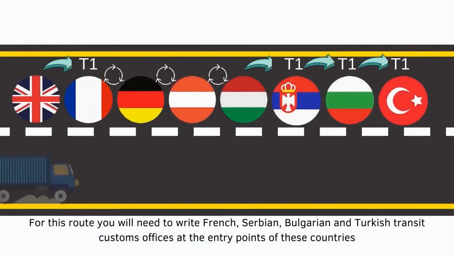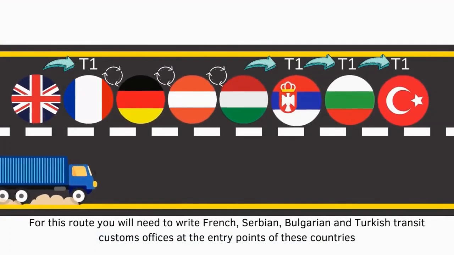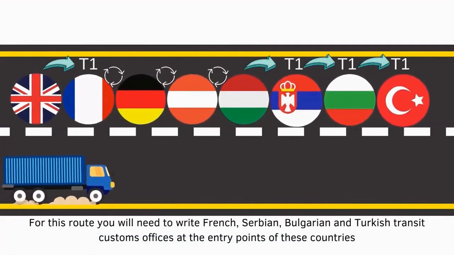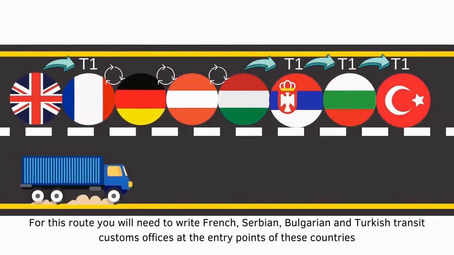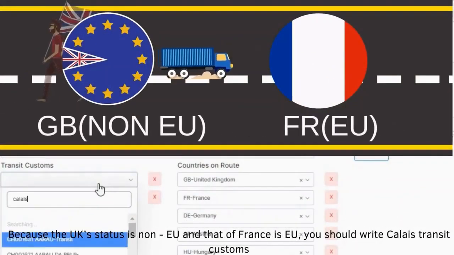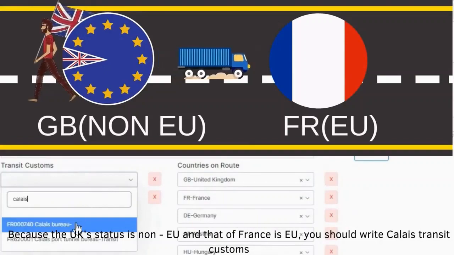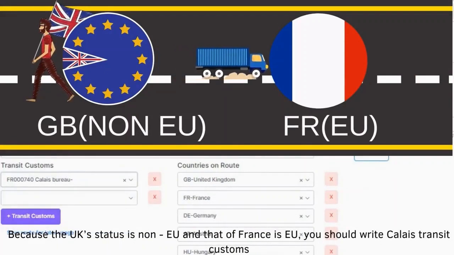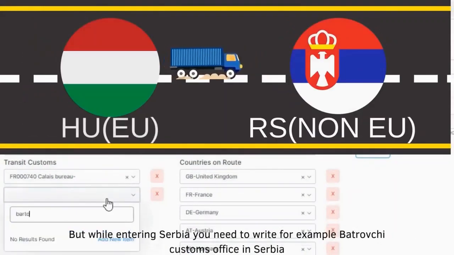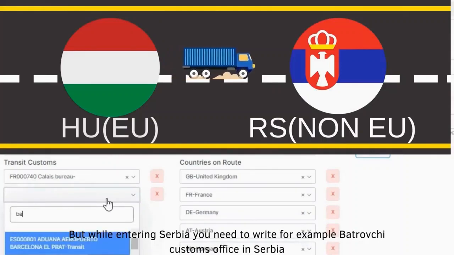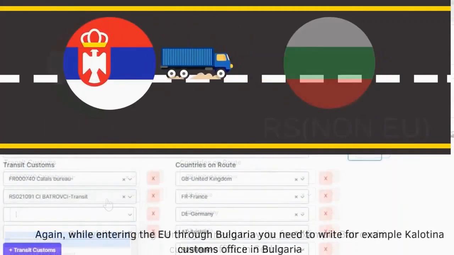For this route you will need to write French, Serbian, Bulgarian and Turkish transit customs offices at the entry points of these countries. Because the UK's status is non-EU and that of France is EU, you should write Calais Transit Customs. But while entering Serbia you need to write, for example, Petrovci Customs Office in Serbia.